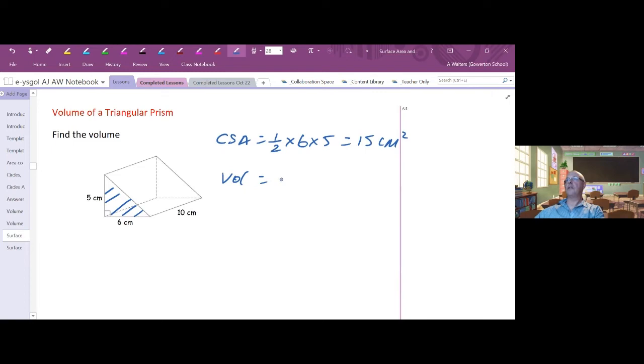So I'm going to use this 15, which is the area of the cross-section, times the distance it goes back, which is 10. So in this case it is 150. Now it's volume, so we are now talking centimeters cubed, because a volume is measured in 3 dimensions. Okay, so that's the first question, and that's pretty bog standard.